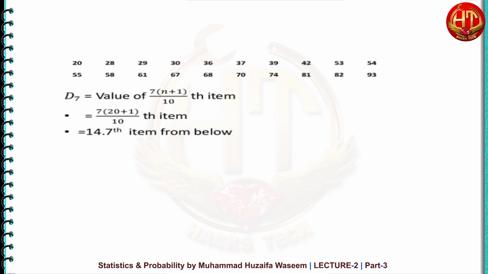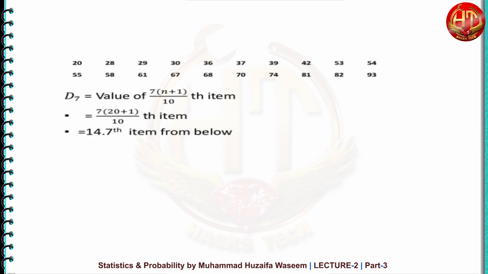Now for the seventh decile, first you have to arrange the series in ascending order. After arranging that, put i is equal to 7 in the given formula. Then put all the values: n is equal to 20, then (20 + 1) multiplied by 7, divided by 10, which is equal to the 14.7 value in the given series.